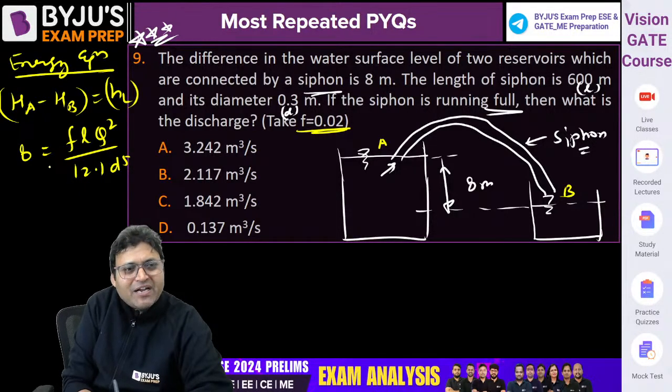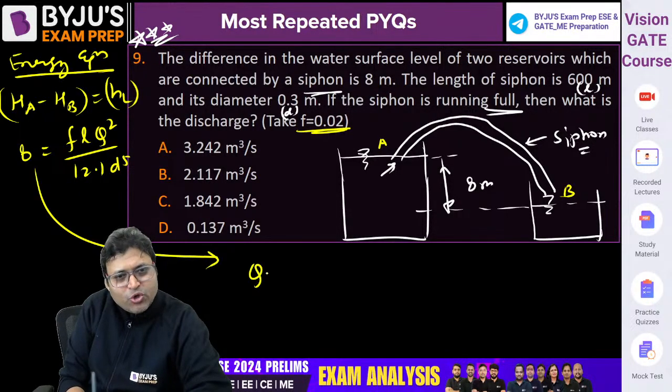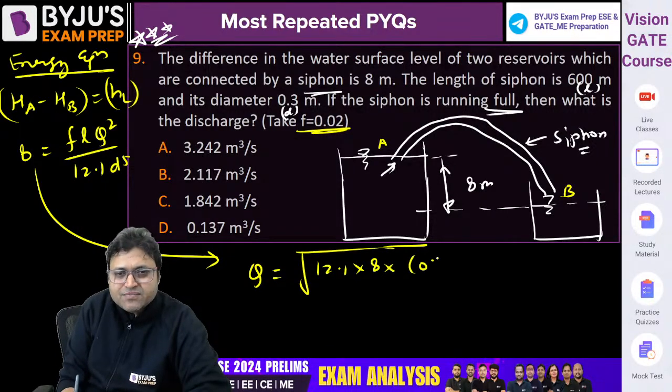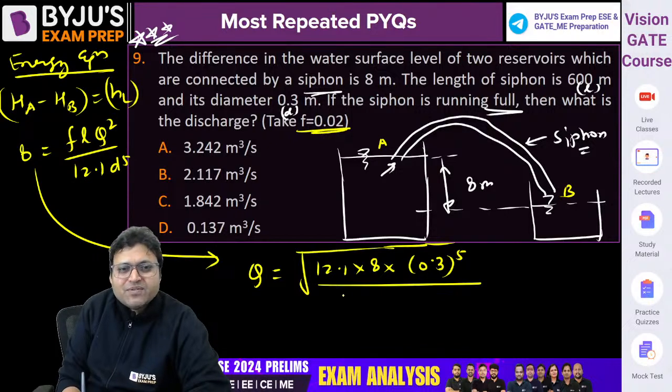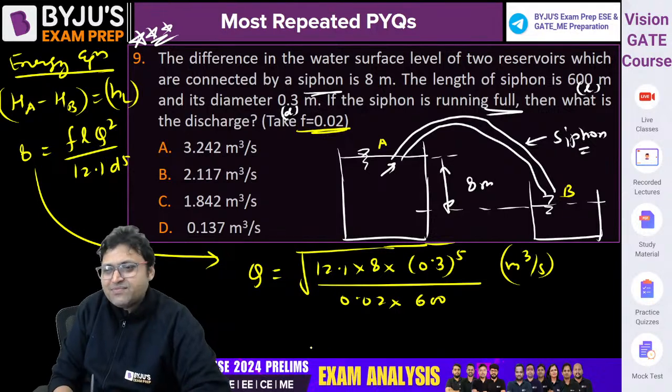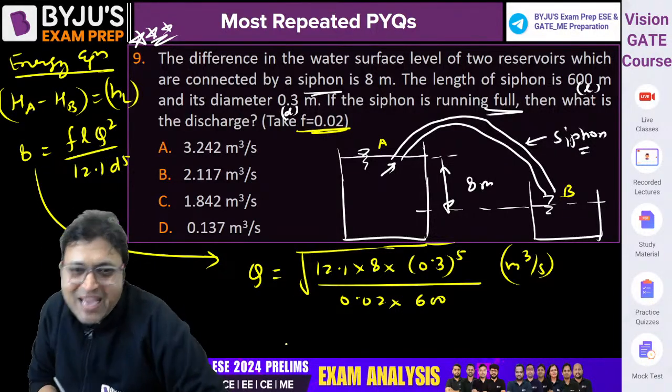From here we can find out the value of Q. So Q is equal to under root of 12.1 into 8 into D to the power 5, where the diameter of the siphon is 0.3, so 0.3 to the power 5 upon F 0.02 into length 600 meter. That is in meter cube per second. That will give you the answer. Can you do the calculation here?